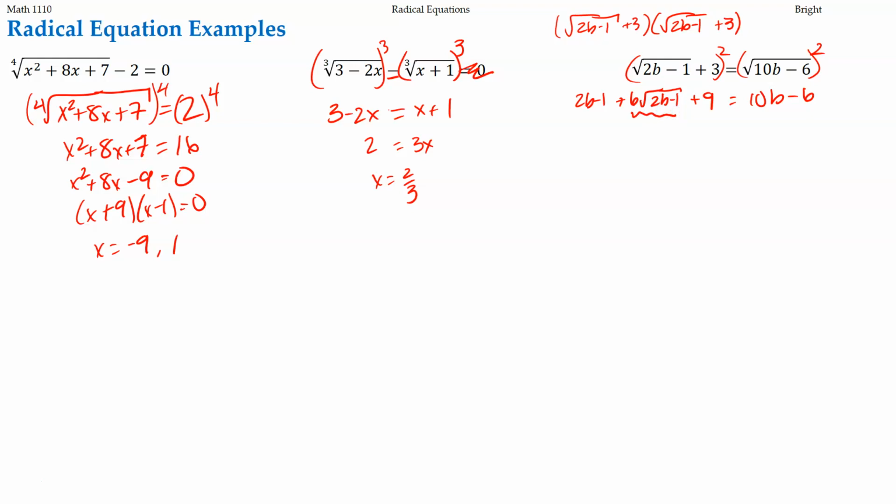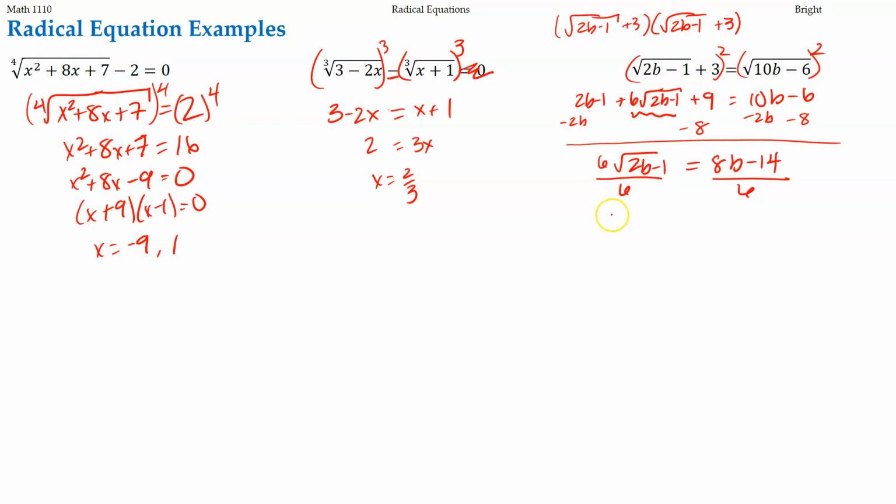So let's go ahead and do that. I'm going to subtract 2b minus 2b, and then if I simplify this, it's going to be plus 8. I'm going to subtract another 8, and what do I end up with? Well, I get 6 square root of 2b minus 1 is equal to 8b minus 14, and I could divide everything by 6 as well, I suppose.